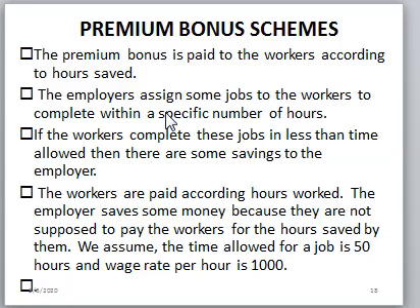But if an employee has produced within 80 hours, it means the employee has saved 20 hours. The saving of 20 hours is a premium to the company. But what employers do is that the saving of 20 hours is shared between the company and the employee. So that's what we mean by premium bonus.